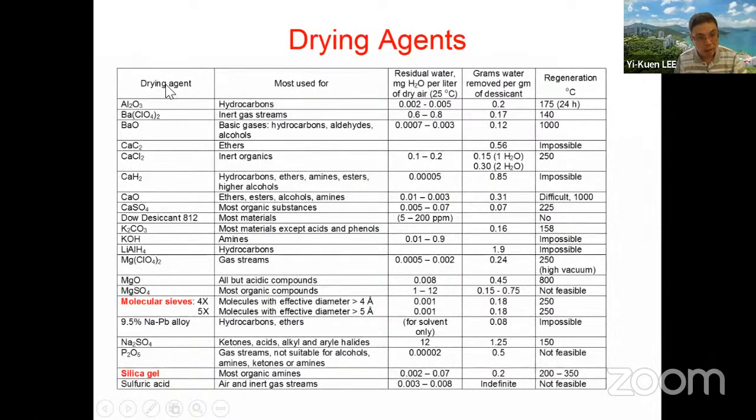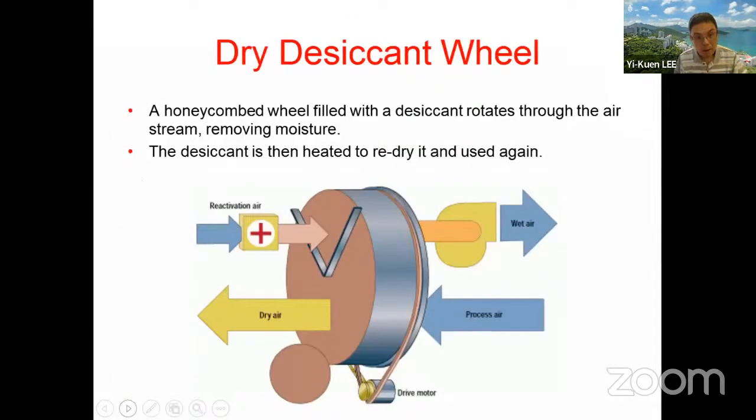Typically there's a long list of different chemicals that can be used.